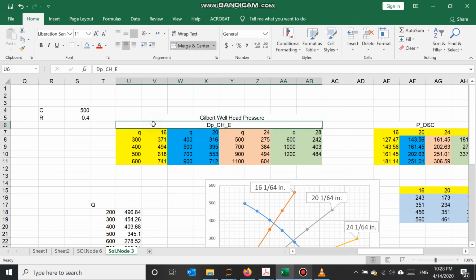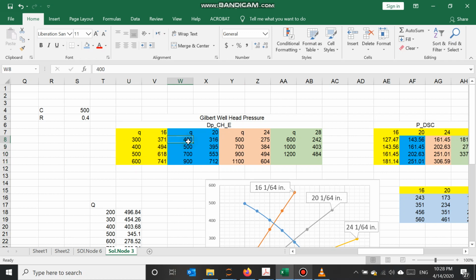For the Gilbert wellhead pressure, we were given different choke bean sizes to analyze or design: 16, 20, 24, 28, in 1/64ths of an inch. Then we start by choosing Q, 300 to 600 barrels per day.